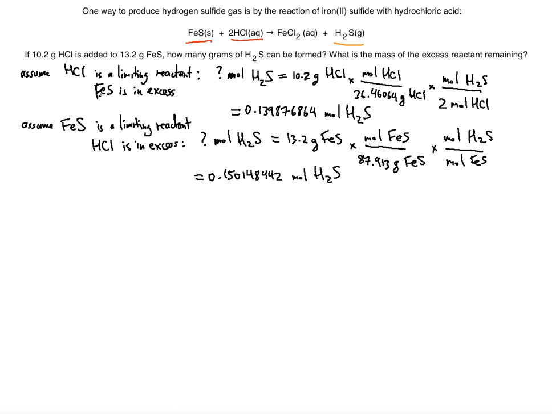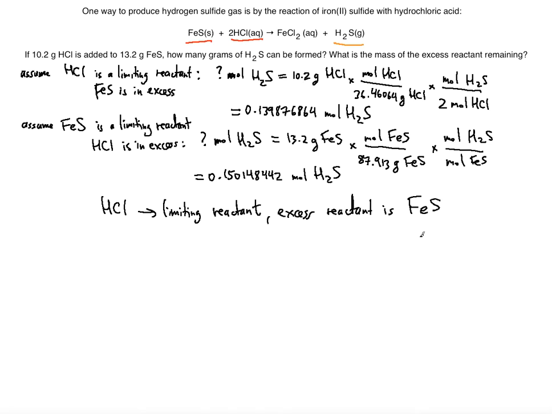And there will be some leftover of the FeS compound. Okay, so HCl is the limiting reactant. The excess reactant is FeS.